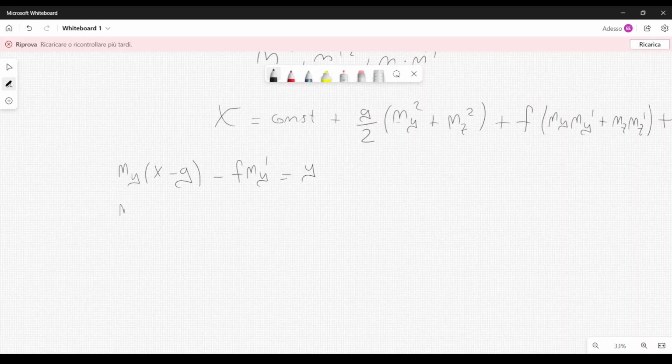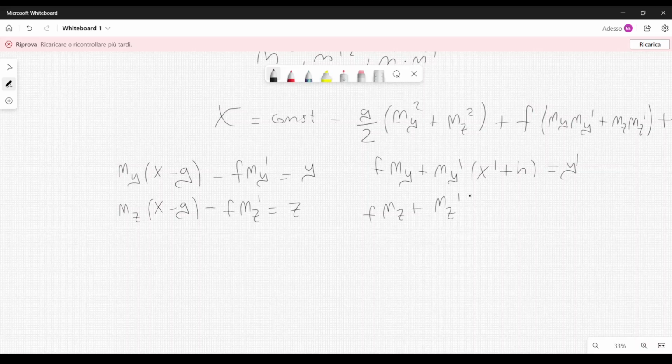Then we have nz times x minus g minus f nz prime equal to z. Then we have f ny plus ny prime x prime plus h equal to y prime. And then we have f nz plus nz prime x prime plus h equal to z prime.